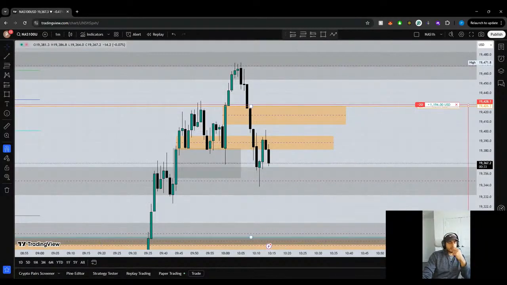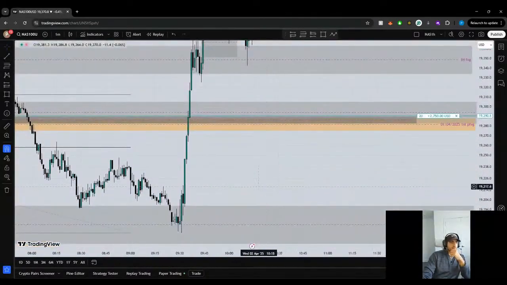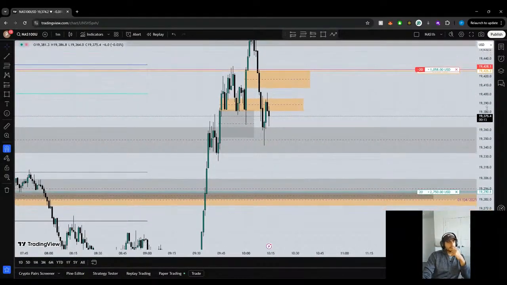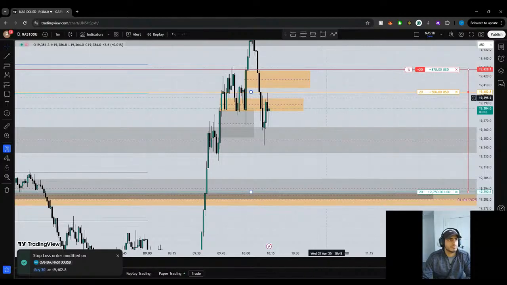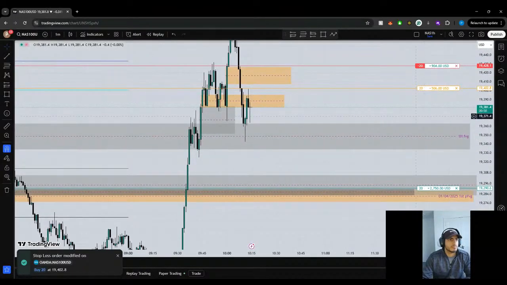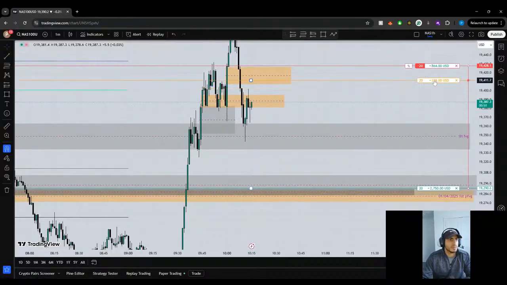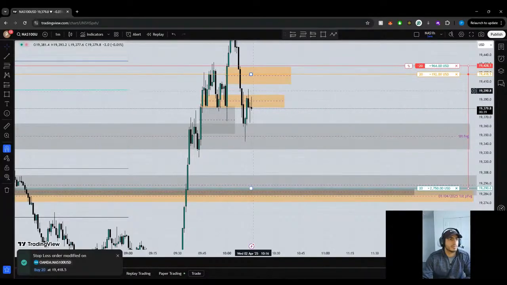Right here, get to the first presented fair value gap. Yesterday's first presented fair value gap. Today's first presented fair value gap came at 933. All right. Go put stops above right here. Actually, maybe stops about the midpoint of this one. If it makes a new low, then I'll put stops above here.